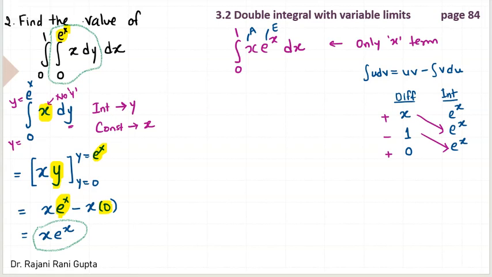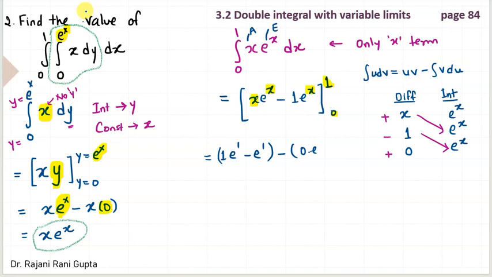Okay. So this gives us the value of this integral as x multiply e power x minus 1 multiply e power x. The limits are from 0 to 1. Since it's only one variable, it means these are the limits for x. Substituting the values of x, 1 and 0, what will we get? 1 e power 1 minus e power 1 minus 0 e power 0 minus e power 0.